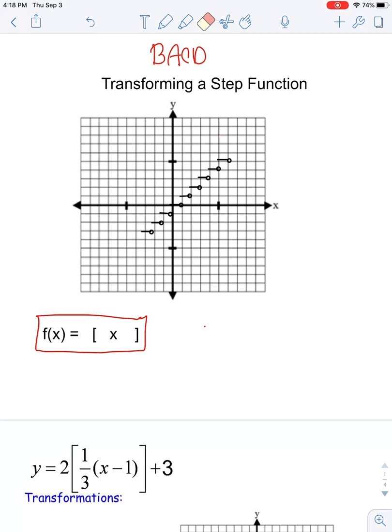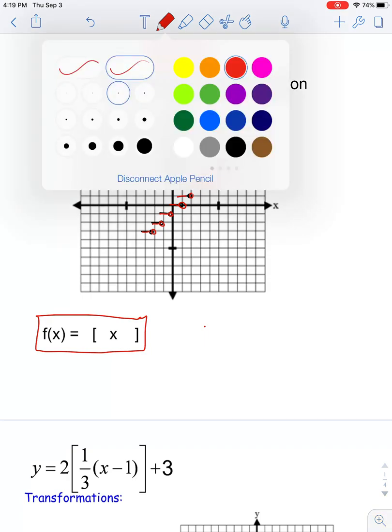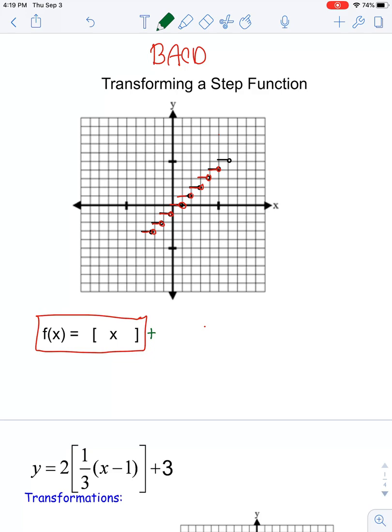And we know some of our basic transformations. For example, I'm just going to trace over this real quick in red. If I wanted to make a couple of shifts to this graph, let's say that I added 3 to the end of the function, so this is my D value, and let's say that I subtracted 2 inside the grouping symbol, so that is my C value.